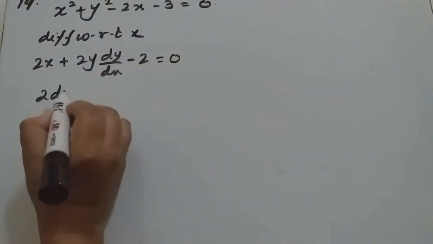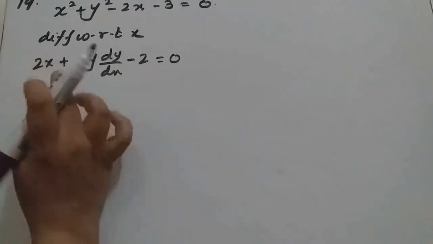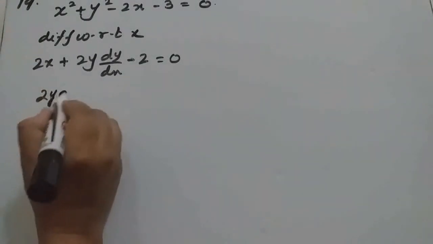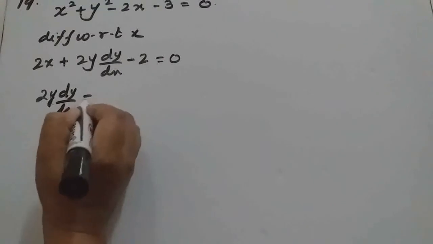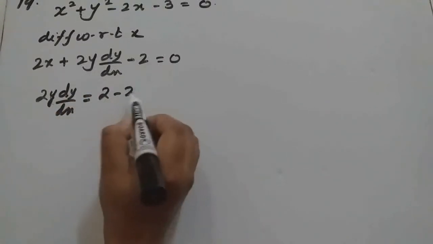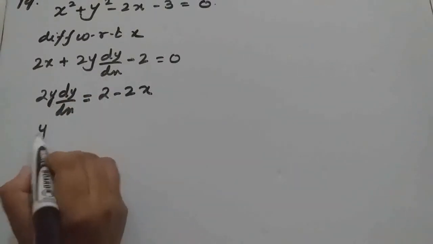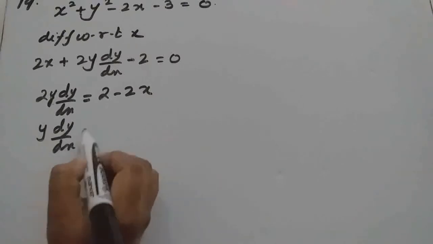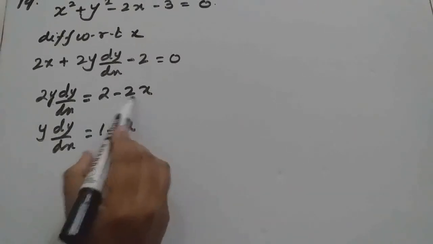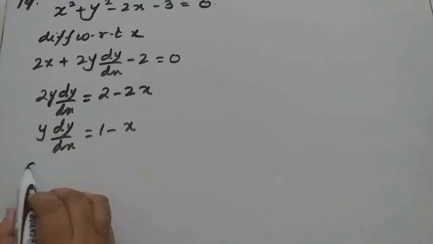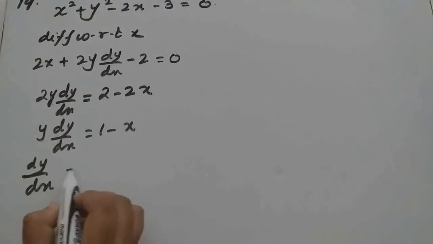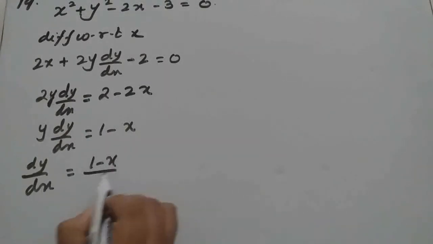So now 2y dy by dx is equal to 2 minus 2x. Okay, so y dy by dx will be 1 minus x. 2y cancelled from both sides. So dy by dx is 1 minus x by y.